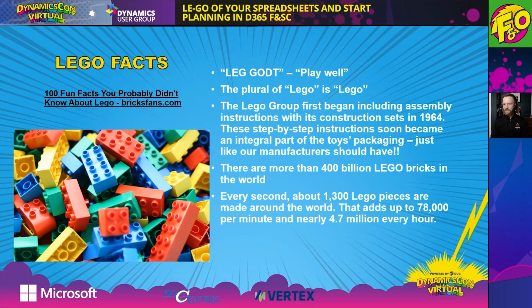So it's a great use case, a great company to prove why master planning is important, and what tools do I need to provide to be able to produce at volumes of 400 billion Lego bricks in the world every second. Over 1,300 Lego pieces are being made, 78,000 per minute, almost 5 million per hour. That's a staggering amount.